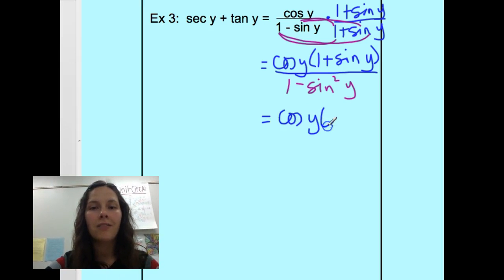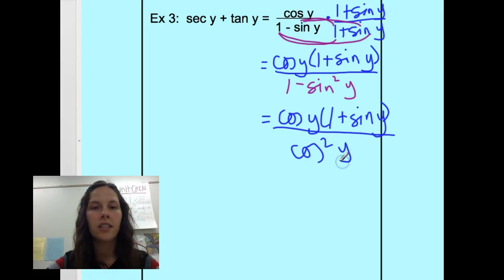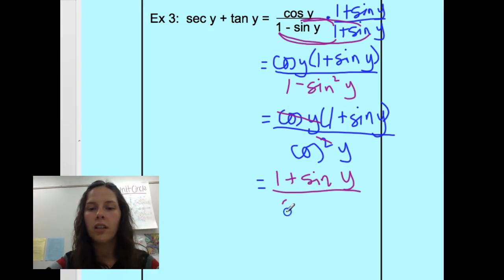And this is why I left it in factored form, because now we can simplify that cosine out of the numerator with one of the cosines in the denominator. So I'm going to cancel my cosine in the numerator with one of the cosines that I have in the denominator. So now I've got 1 plus the sine of y all over the cosine of y. So I'm going to split this up.